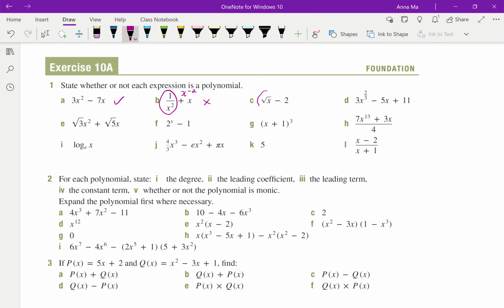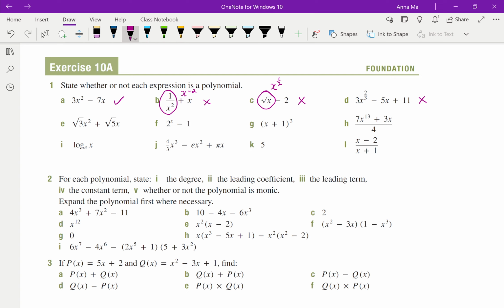If you have a look at part C, x inside a square root can be written as x to the power of half. Again, a polynomial isn't defined for a fractional index either. So that's not a polynomial. Then that sort of gives it away for part D, it's got a fractional index.